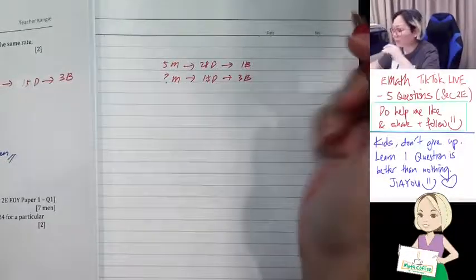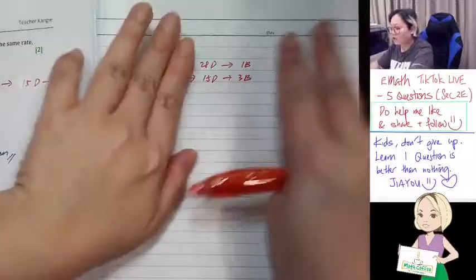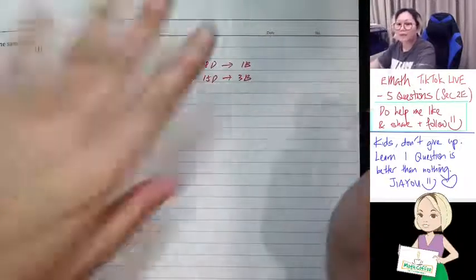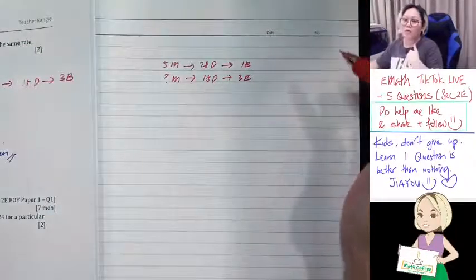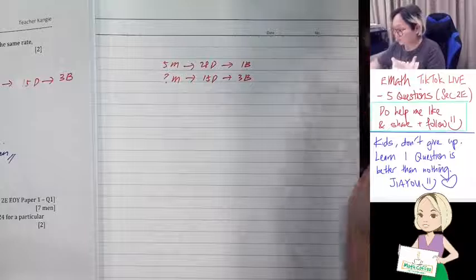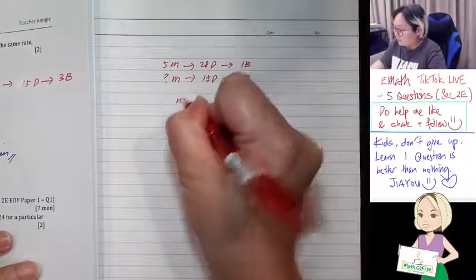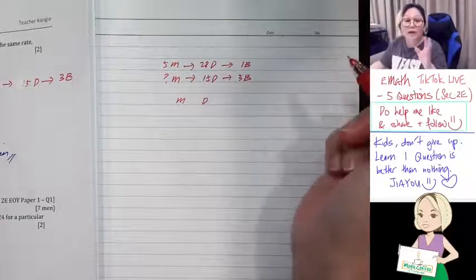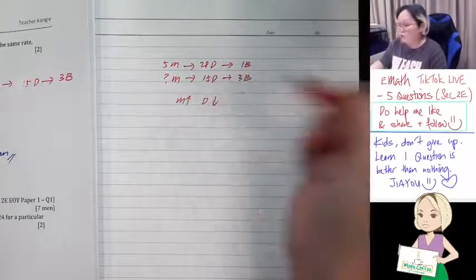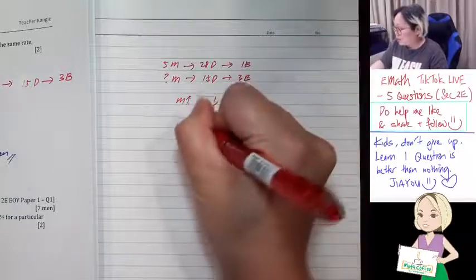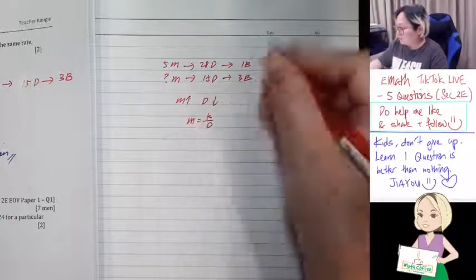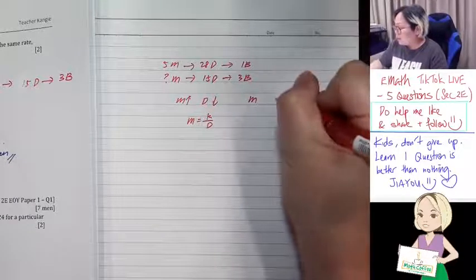Of course, some schools ask you to change every 2 variables at the same time. But for my way, I use a formula using 3 variables. First I ask myself about M and D. Just now we already know that M and D is 1 up, 1 down, so they are inverse proportion. So M is equal to K over D. Now I want to ask about men and the boat.